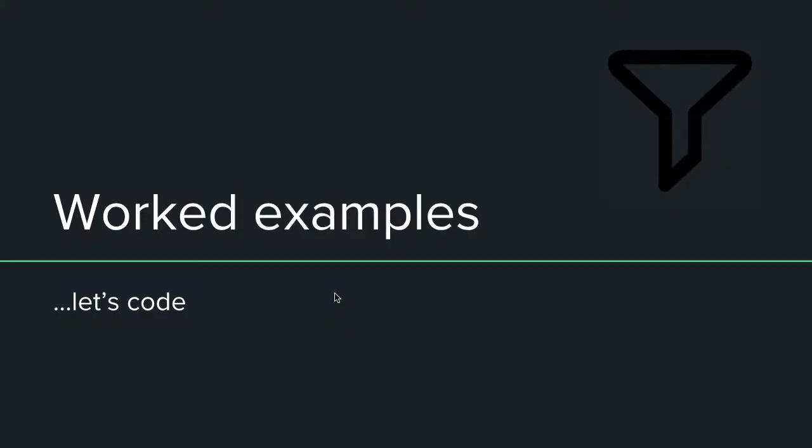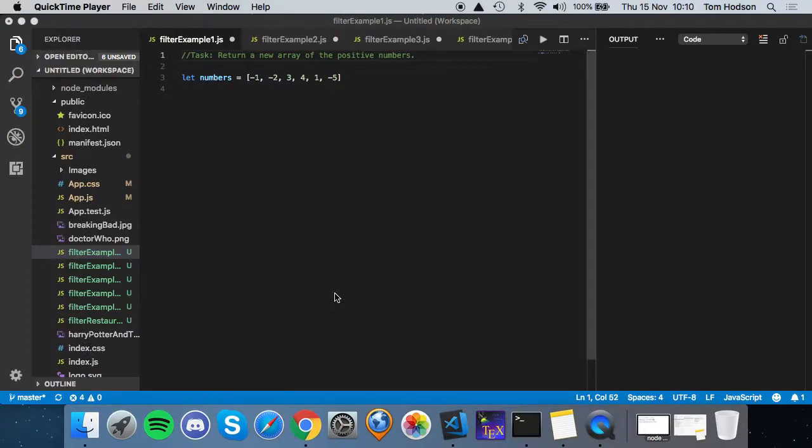So let's do some examples then. The first example I've got is similar to the one I've shown on the slides. You've just got an array of numbers and you want to return a new array of the positive numbers. I'm going to do the first couple of examples and then I'll ask people for the next few.